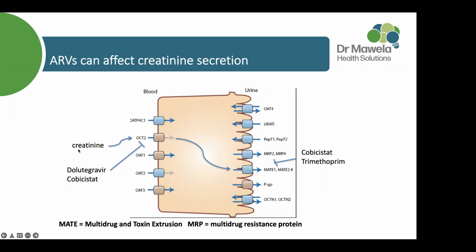So in terms of creatinine in the blood, it's supposed to be excreted via the OCT2 transport system. It is in the cell, then it must go into the urine. But there are drugs that can block that receptor, like dolutegravir. So how does dolutegravir affect the kidneys?